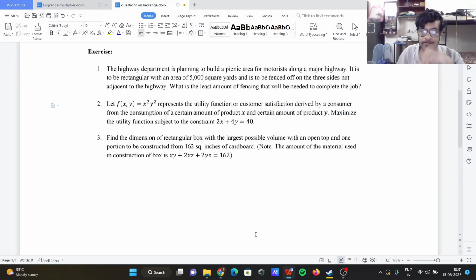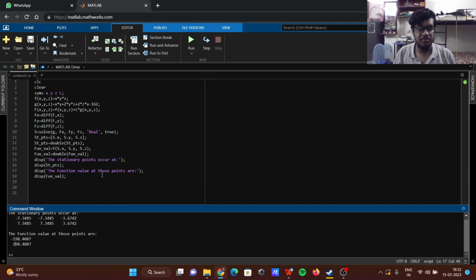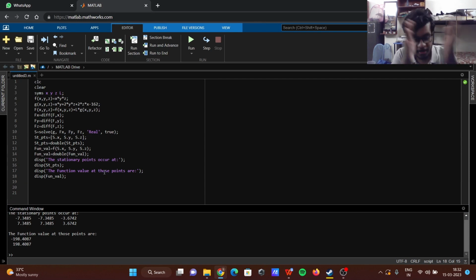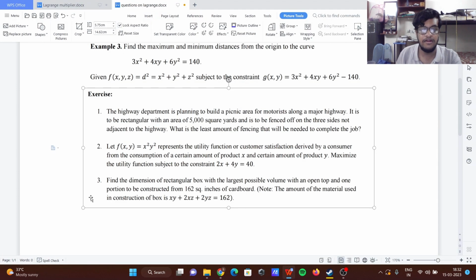So I guess that's it. We successfully discussed how to use Lagrange multiplier to solve multivariable functions with a constraint. We also went through a few different codes, and we saw how we can use the Lagrange multiplier and how we can plot it to get the idea of what these functions look like. Basically, we looked at these examples, third and second.